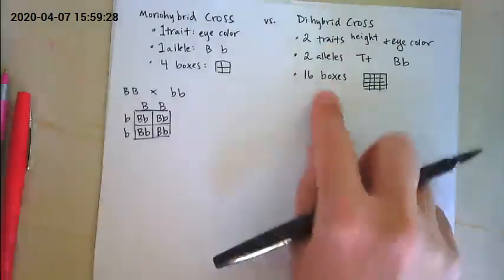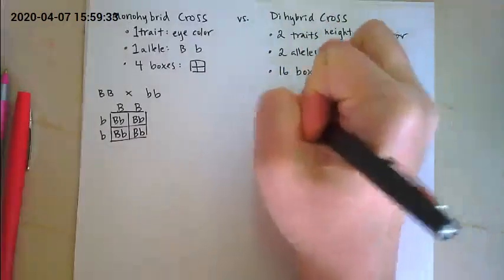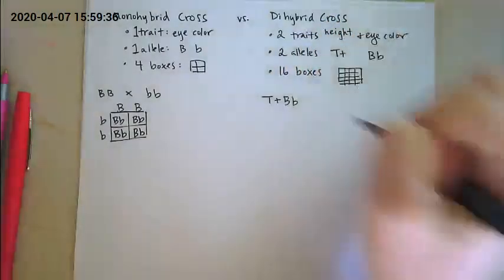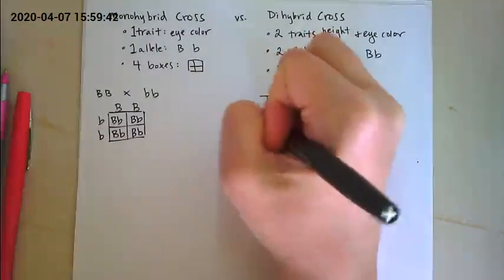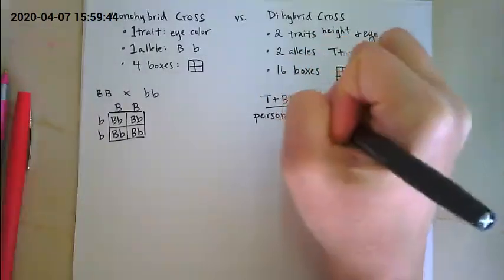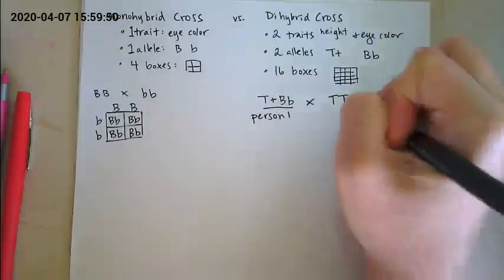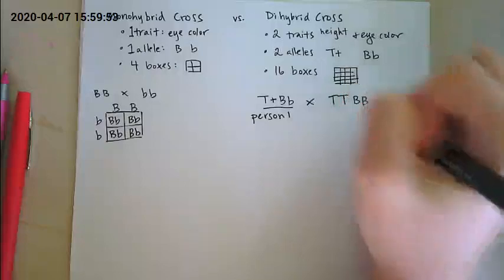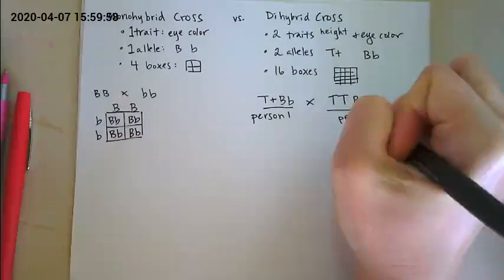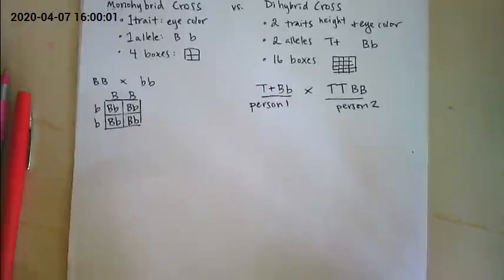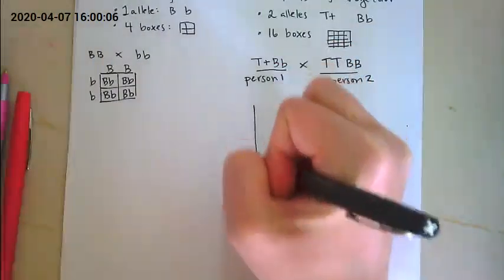Let's do a dihybrid cross now. Let's say we have a person that is heterozygous tall, heterozygous brown eyes. This is person 1. We're going to cross them with person 2, who's homozygous dominant tall, homozygous dominant brown eyes. This is person 2. I'm just going to show you what this dihybrid cross would look like.